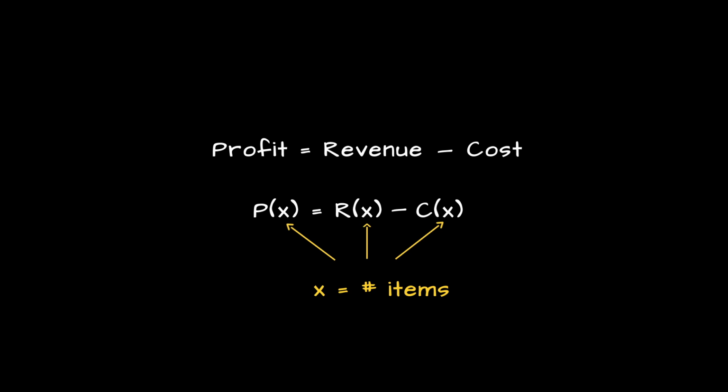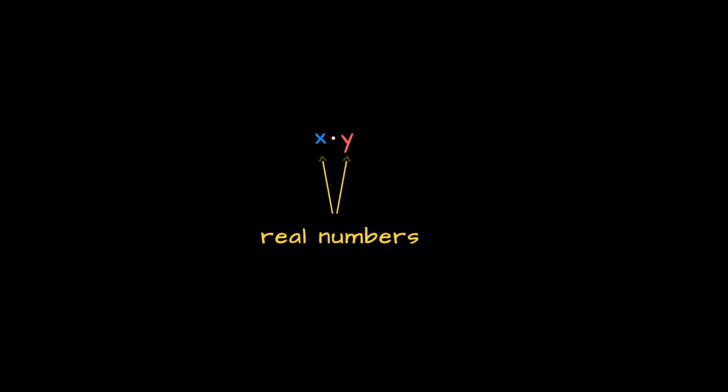And what you could do is figure out the cost of producing x items, the revenue or the amount of money that you would take in through the sale of x items, and just by considering the difference of those two functions, arrive at a new function that describes your profit. And you might then go on to try to figure out how you should choose the number x so that your profit is maximized.